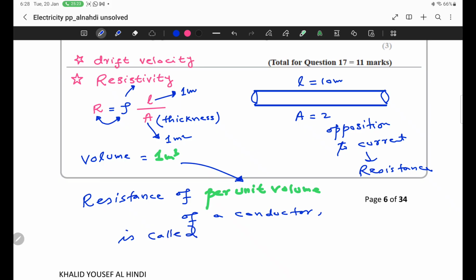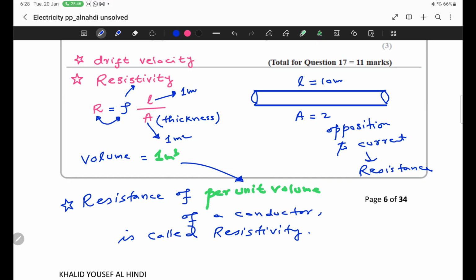In exam, they ask this question, which is why I have explained and written its proper definition. In exam, they will ask what is meant by resistivity. Then you will write: the resistance of per unit volume of a conductor.